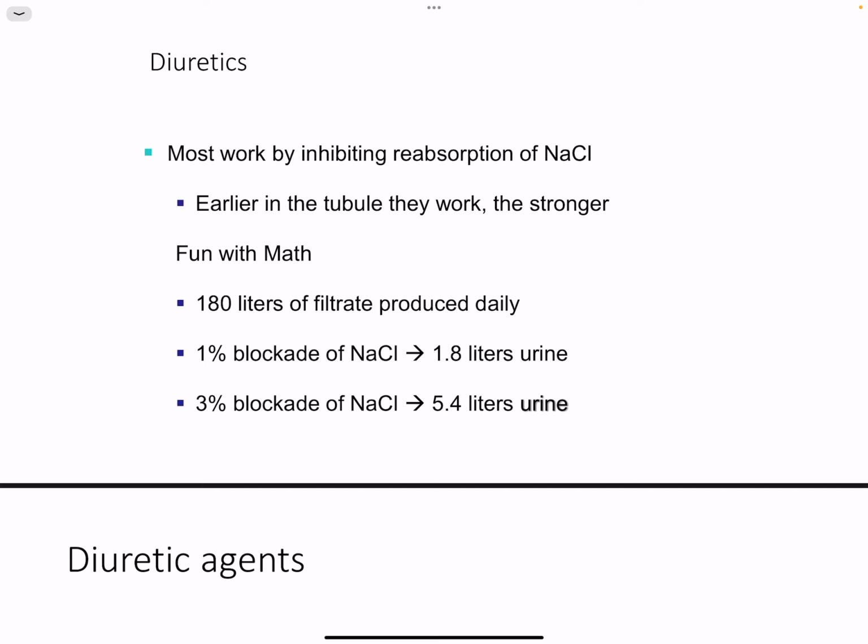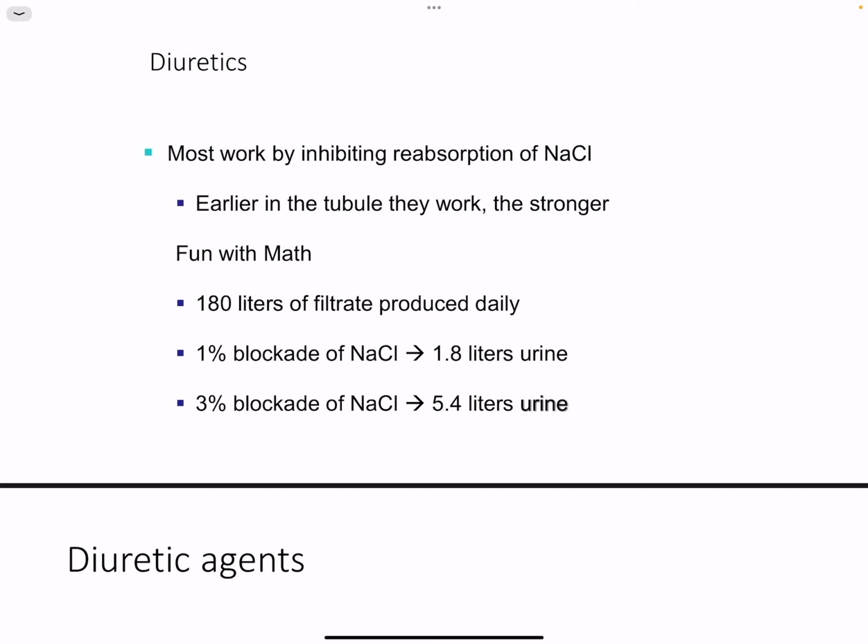For example, if it blocks 3%, then 0.72 times 3, how much will it be? 2.16. Yes, 2.16.